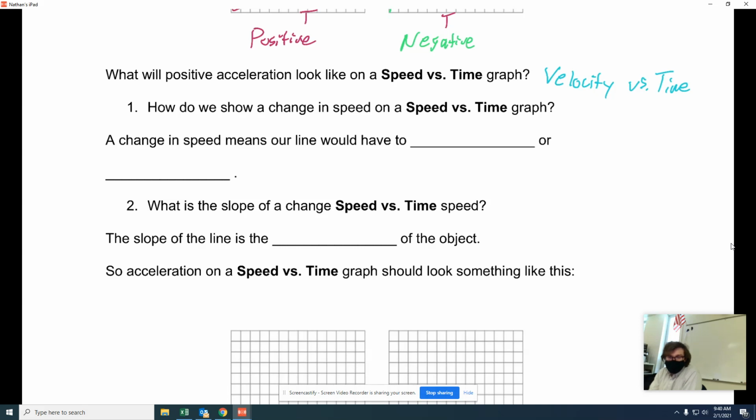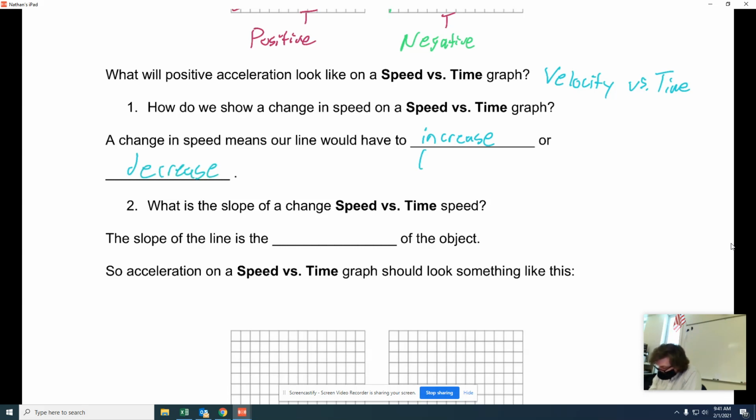So that leads us to our next question. How do we show a change in speed on a speed versus time graph? A change in speed means that our line would have to increase or decrease.